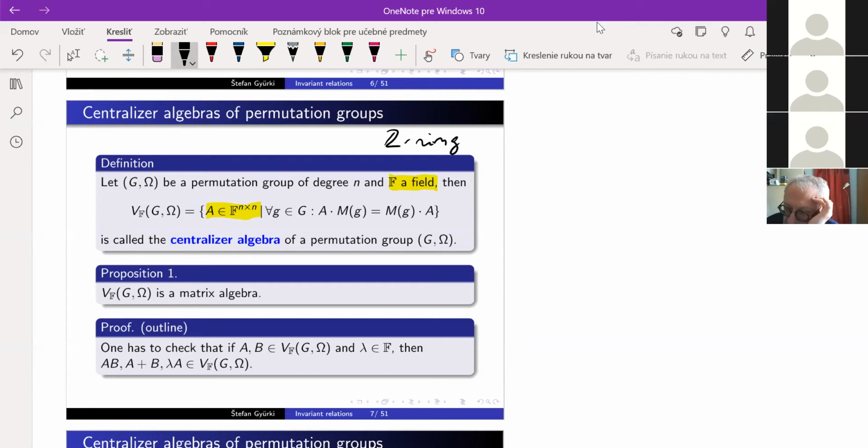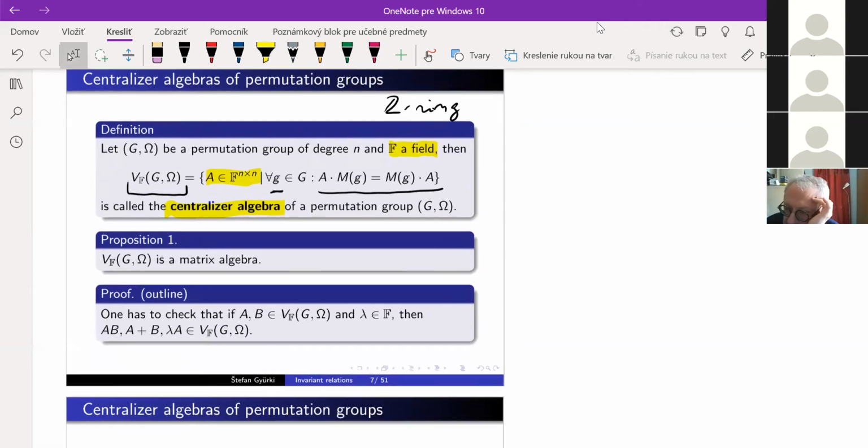And we will collect all the matrices over such a field F which have the property that they commute with each permutation matrix corresponding to permutations of the permutation group G omega. And this set is called the centralizer algebra of a permutation group G omega.